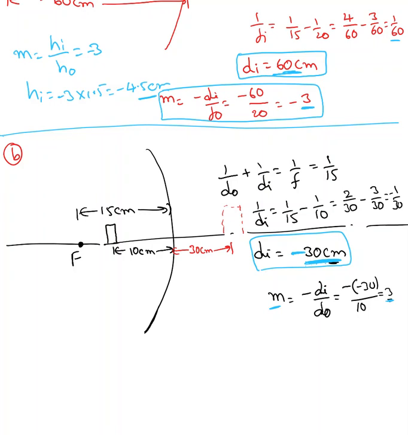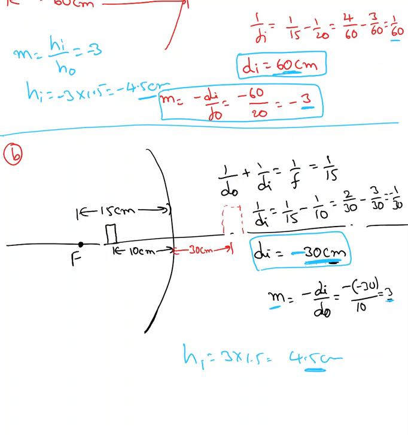That's the reason we call it virtual. And the height of the image is 3 times 1.5, which is 4.5 centimeters. So if I place the object at a different point, the size of the image is going to change, and sometimes it's going to be inverted, sometimes it's not going to be inverted.